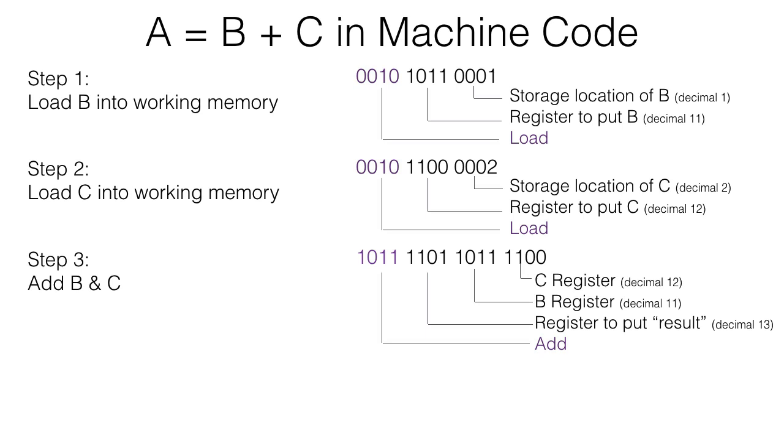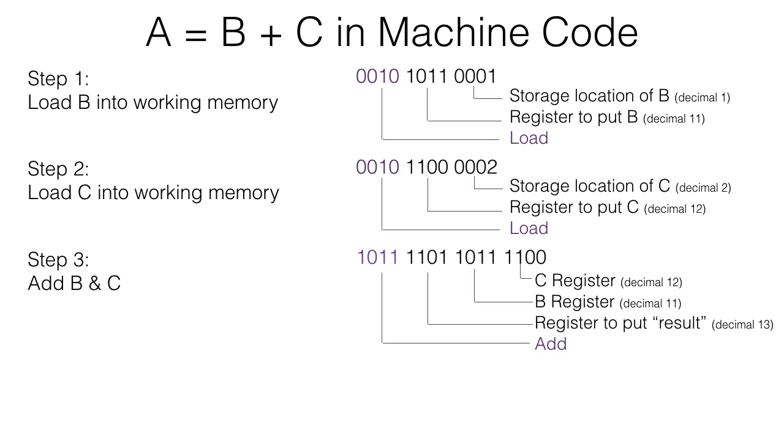All right, so let's take a look at what we have here. The very first 4 bits are what? They're the instruction. So this particular pattern, which is 1011, again, this is arbitrary. But let's say 1011 is an add instruction. So the CPU sees, okay, that's an add instruction. Now I know what to do. The next 4 bits, I know, okay, that is where I need to put the result of this add.